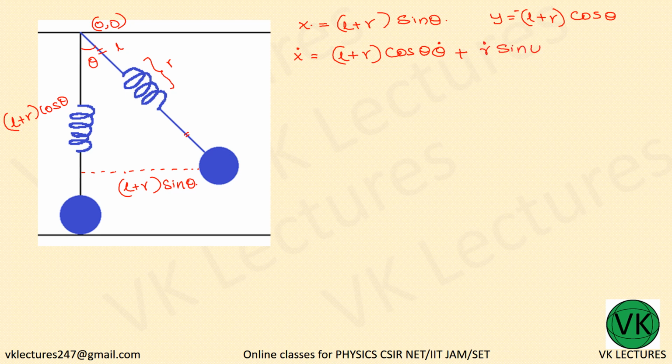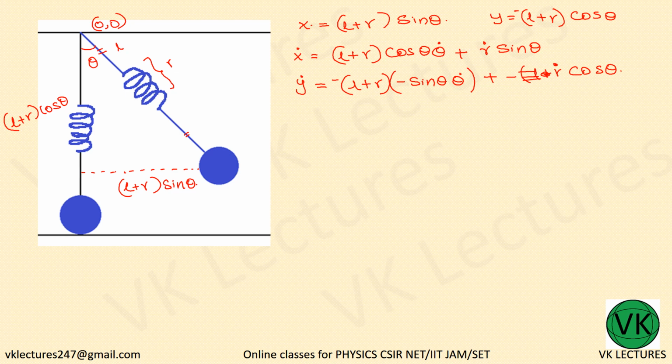So this becomes x dot. y dot is equal to minus (L plus R) cos theta, differentiation is minus sin theta theta dot, minus R dot cos theta.